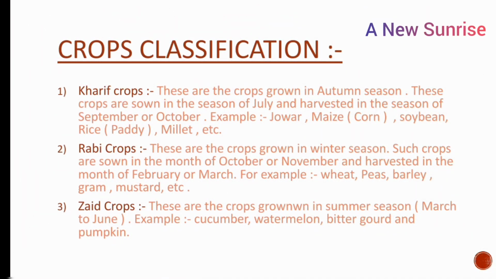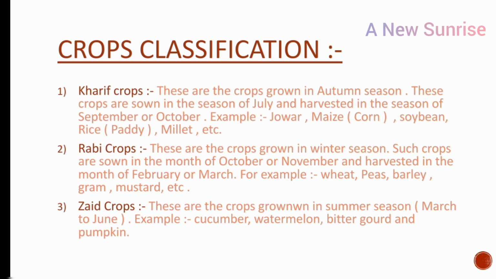Next comes crop classification. On the basis of season, as I said, crops are classified into three types, that are Kharif, Rabi, and Zaid. So let's learn about each of these types one by one. First is Kharif crops. What are Kharif crops? The crops grown in the autumn season, or we can say in the rainy season, are known as Kharif crops.